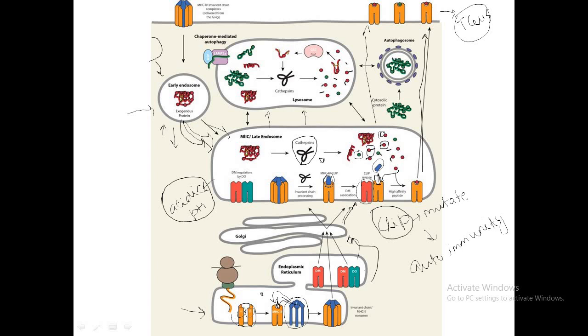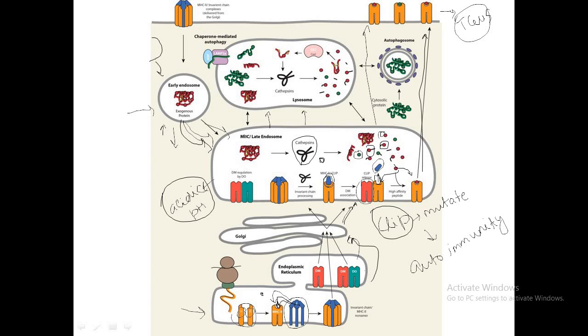CLIP is removed by the DM protein, allowing the binding of the foreign part. Then it moves toward the cell surface, where it presents this peptide to the T cells, and then the entire process starts to remove this foreign particle from the body.